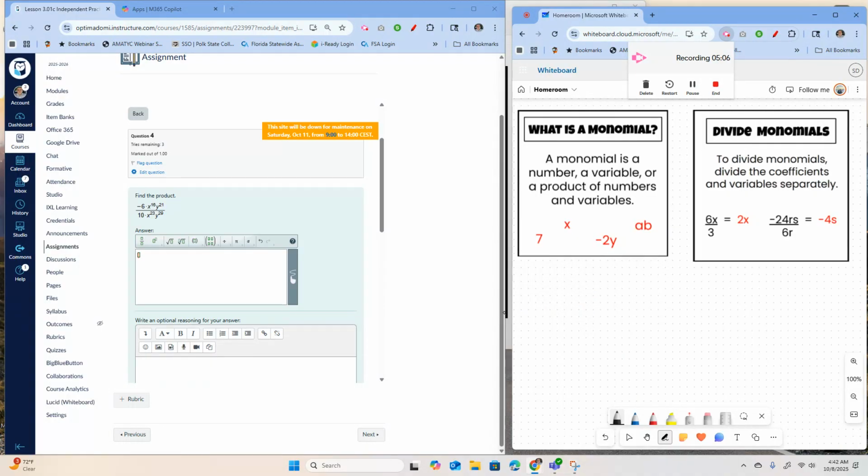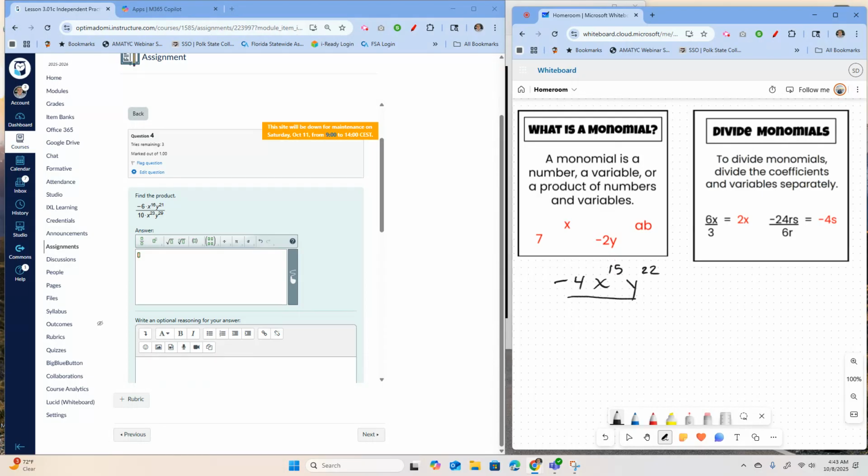All right, in the next problem, we have question number 4. We divide monomials by monomials. Let's say I give you something like negative 4x to the 15th power, y to the 22nd power.